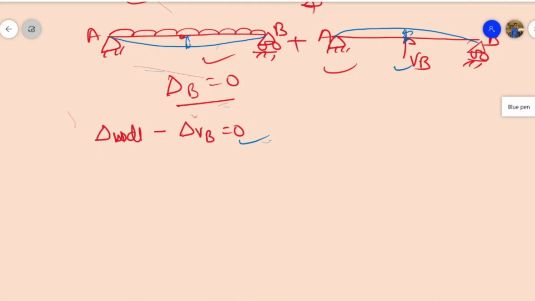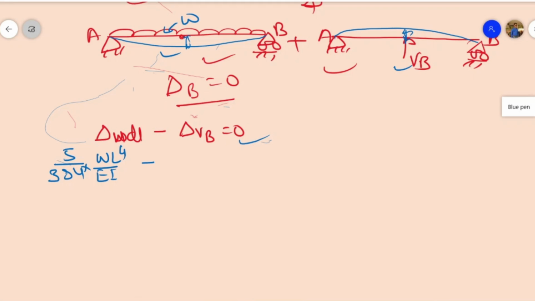Another thing you have to remember: when in a simply supported beam a UDL of intensity W is acting, then the net deflection is 5 by 384 times WL to the power 4 by EI, minus. The second thing to remember is when a point load at the center is acting in a simply supported beam, then the net deflection is WL cubed by 48 EI.